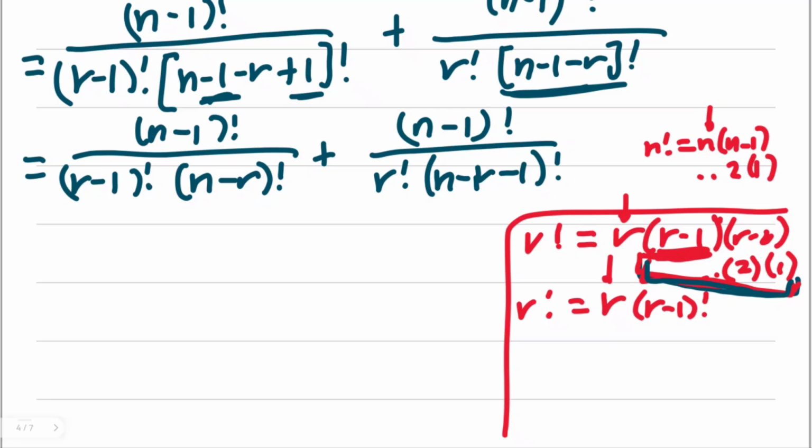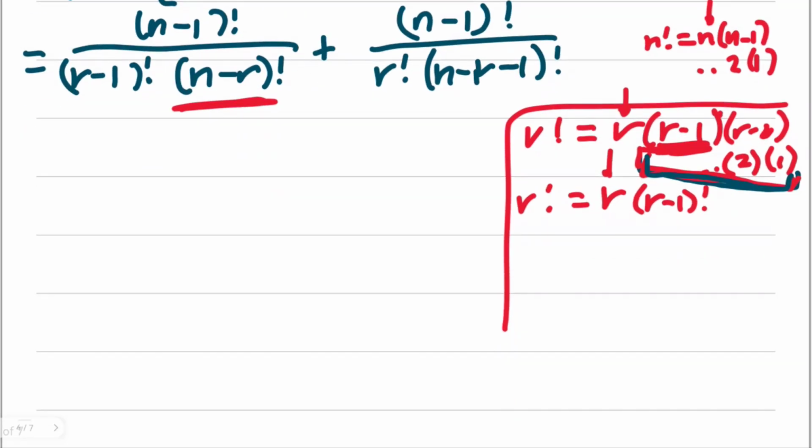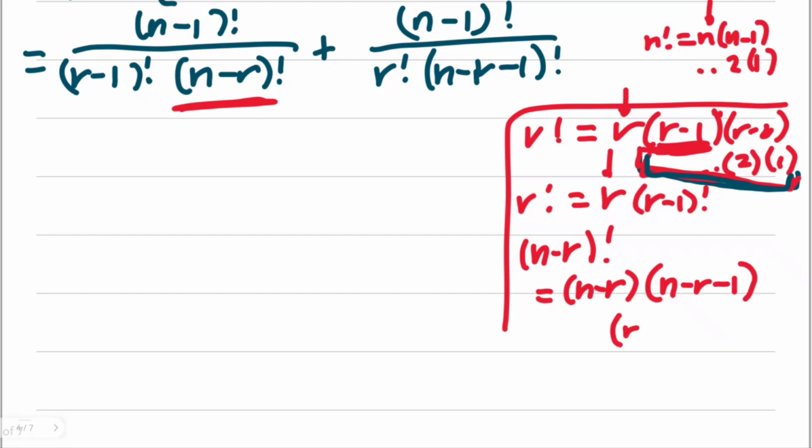Hopefully that's clear, because the second item I would like you to know is actually this item here. Okay? So following this idea, if you have n minus r factorial, that means it follows this form: n minus r times n minus r minus 1 times n minus r minus 2 until 2 times 1.